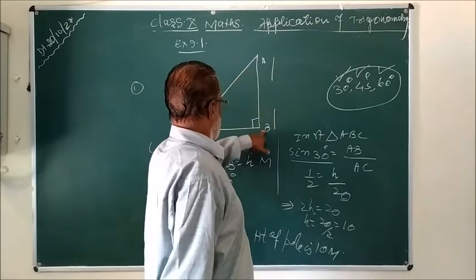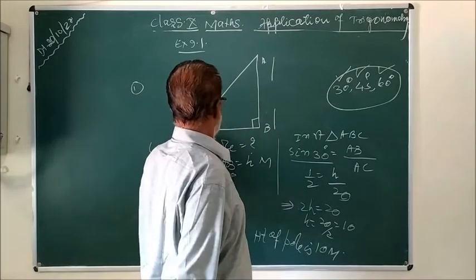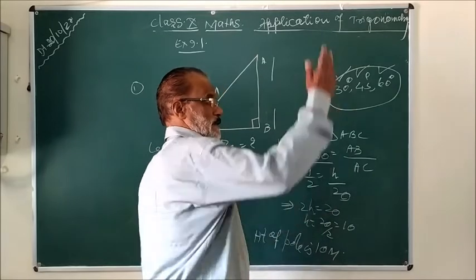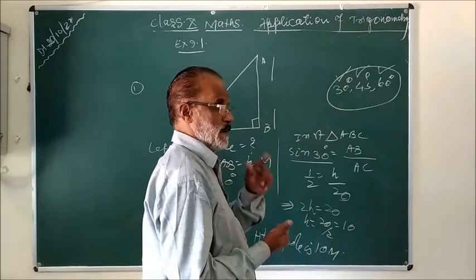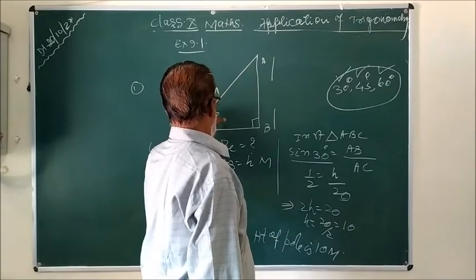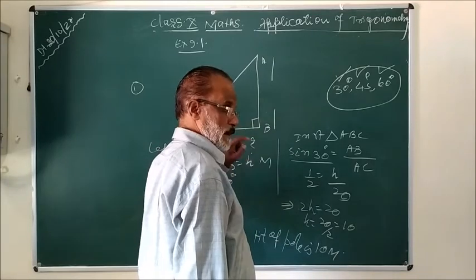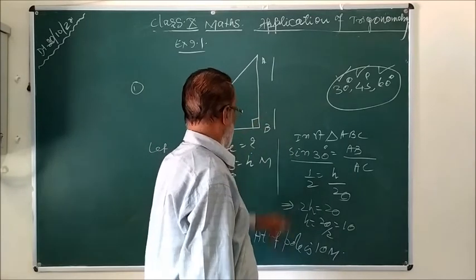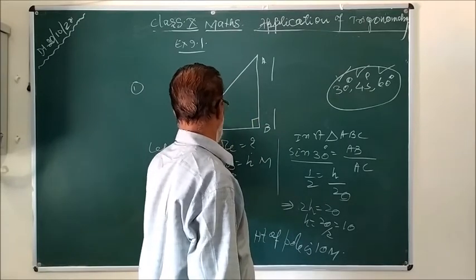So AB is a pole, BC is the ground, and this AC is the rope. You can imagine, you might have seen an artist doing something on a rope. So this length of rope is 20 meters, so AC is the hypotenuse, and this is the right angle. And for this angle, the angle between rope and ground is 30.